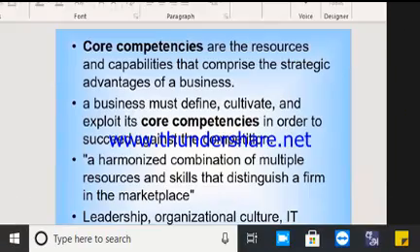Core competencies. What is our specialty? What is the specialty of our organization? What are we doing better than other people, other competitors? The resources and capabilities that comprise the strategic advantage of a business. So in the lecture, we discuss how we can improve core competencies.